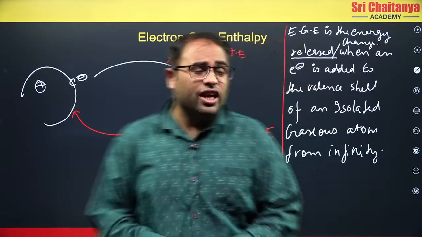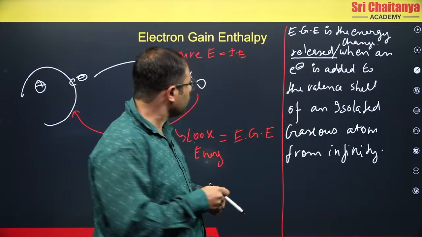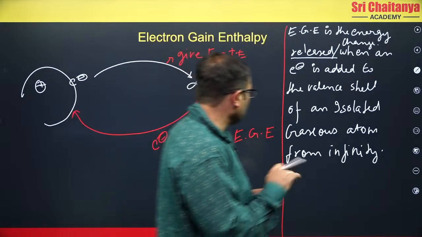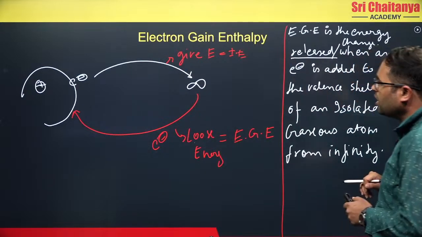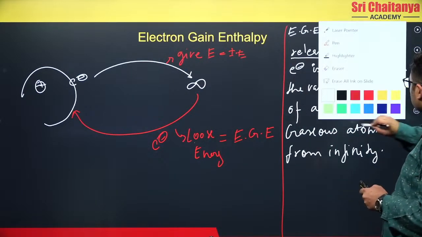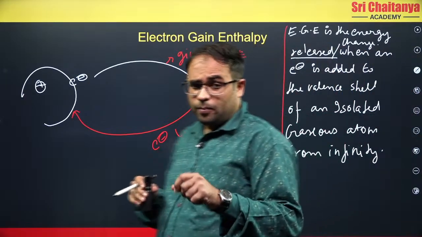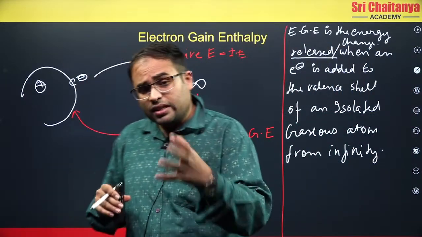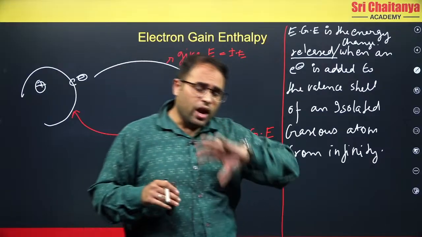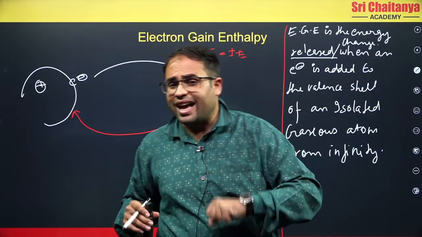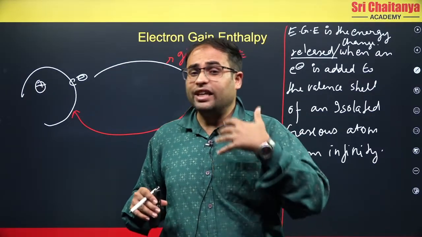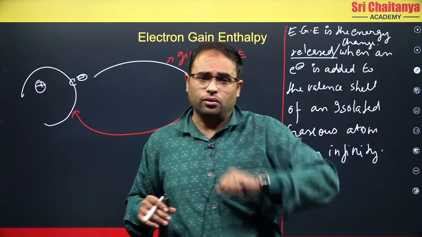Why did I say change there? Can you think about it? I'll tell you why. Normally energy is released, but there are certain atoms where energy actually needs to be given to add an electron.